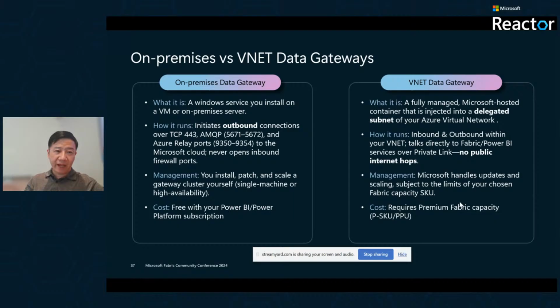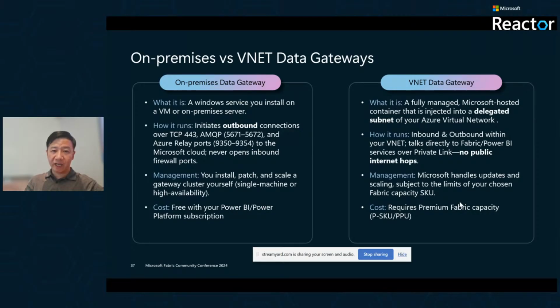And from a management perspective, for the on-premise data gateway you have the full responsibility and full power to install, patch, upgrade, and scale. For VNet gateway, Microsoft does that for you. From the cost perspective, the on-premise gateway is actually free with your Power BI or Power Platform subscription.